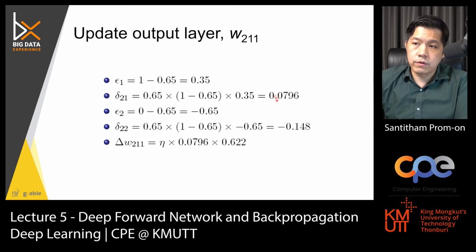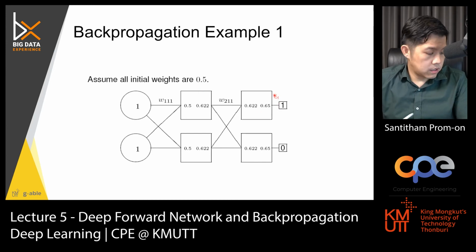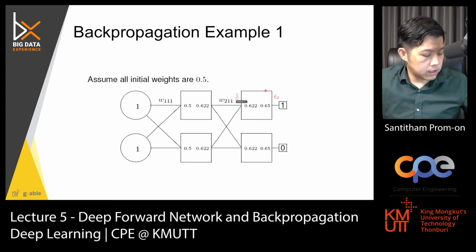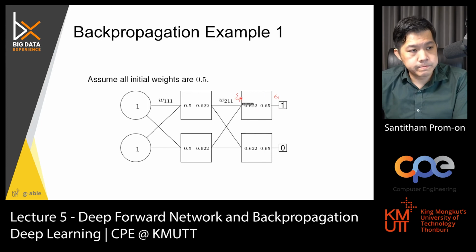This is the value that you got. This is delta 21. 0.35 is obviously the error here. So what I'm doing here is to calculate the delta 21 at this layer.